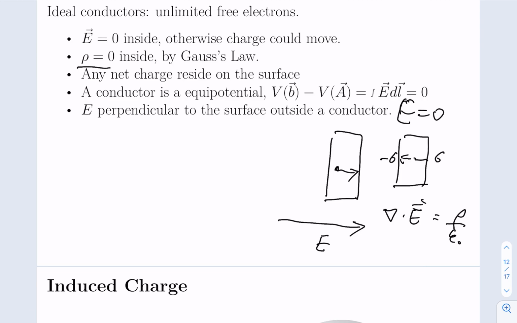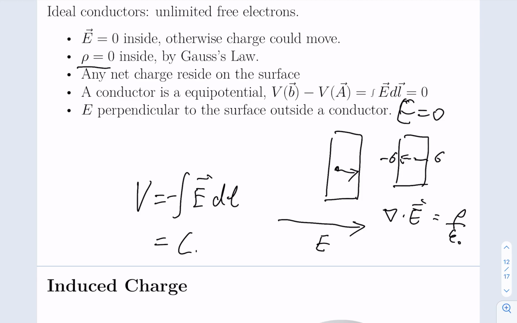What's next is that if we calculate the potential inside this conductor, the potential must be the integration of the E field, right? And this gives us a constant, because the E field inside is 0.